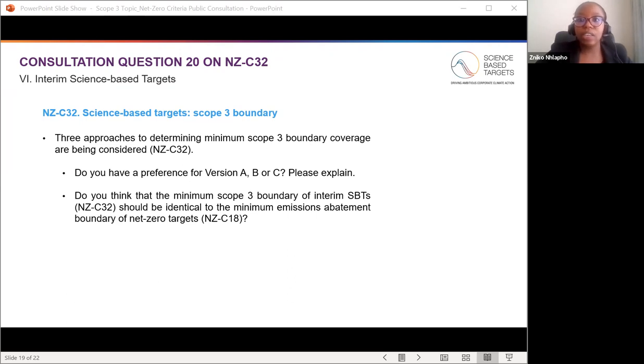Also to note that if the minimum scope 3 boundary of interim SBTs is not identical to the emissions abatement boundary of net zero targets, which we discussed in the previous chapter, then companies may be required to revise their Scope 3 target boundary in a future year through the target recalculation process to cover parts of the company's value chain that were not covered by the interim SBT. So just to bear that in mind when responding to this question.